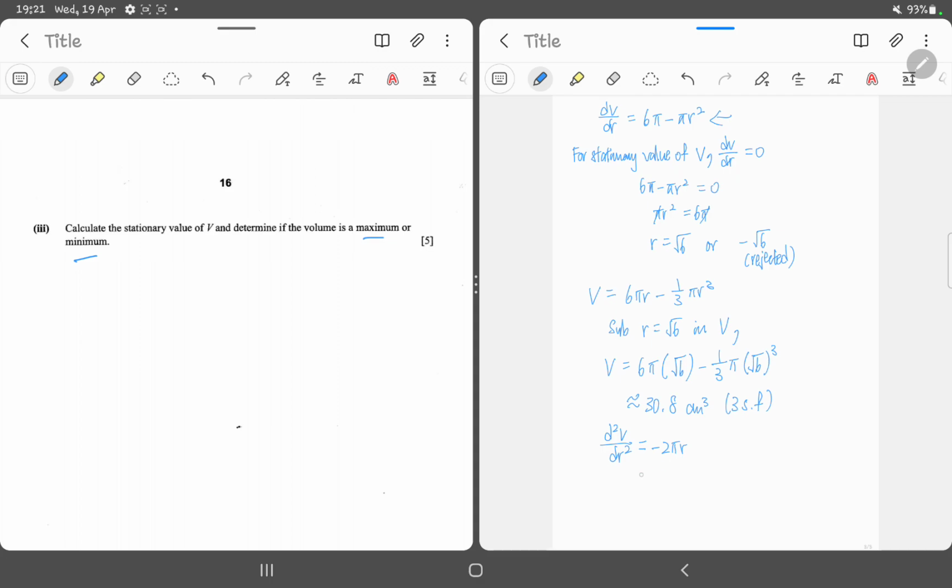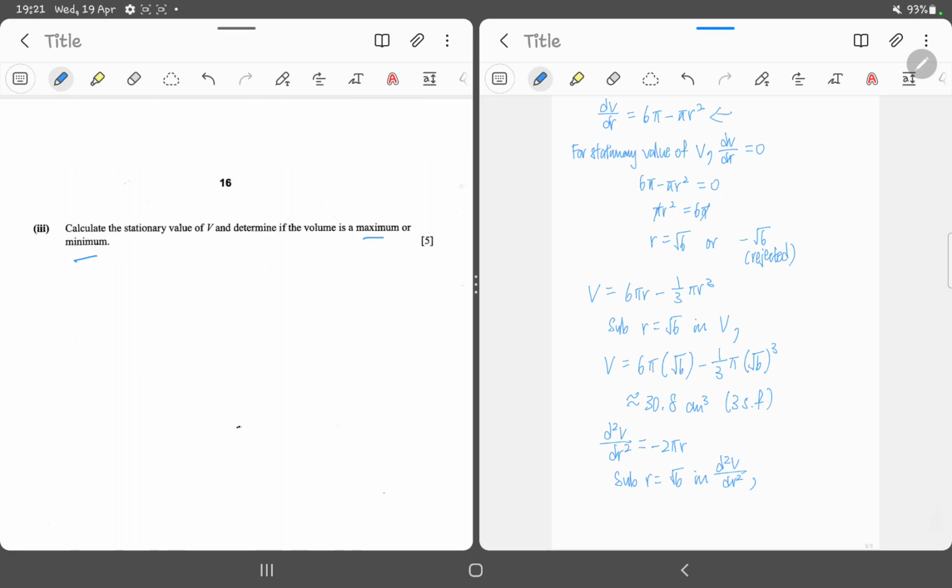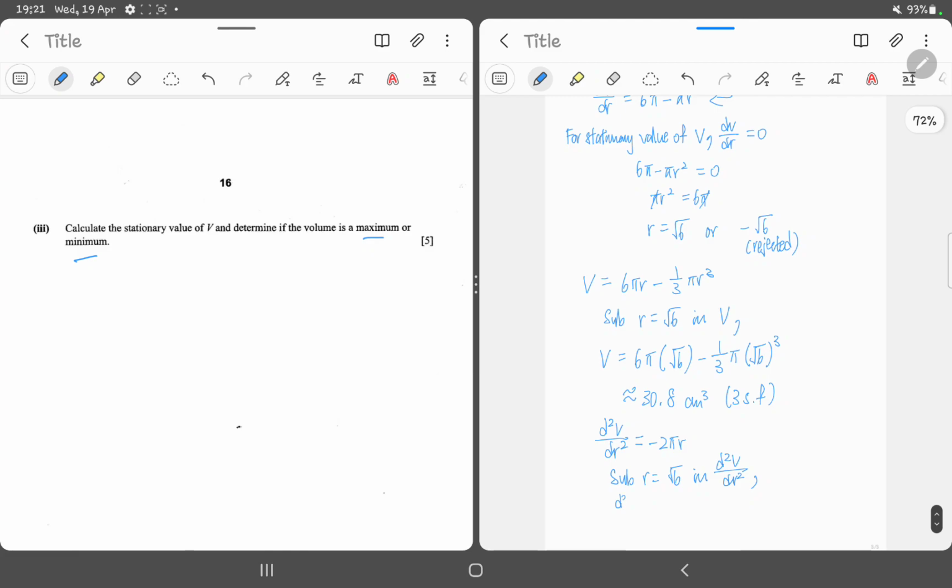Substituting r equals square root 6, we get minus 2 pi times square root 6, which is obviously less than 0. So this means that the volume V is a maximum. This stationary volume is a maximum, and we are done with question number 9.